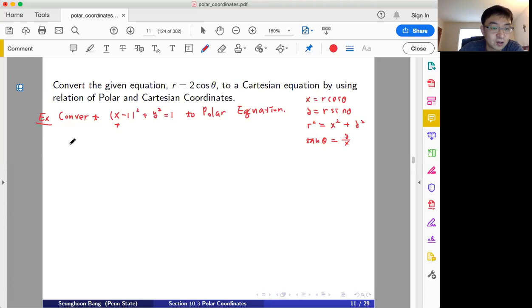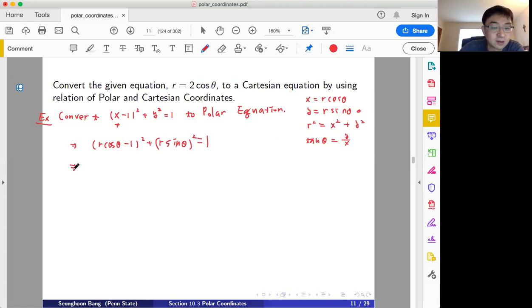You plug it in here. This is the same as (r cosine theta − 1)² plus, what is y here? r sine theta, (r sine theta)², equals 1.